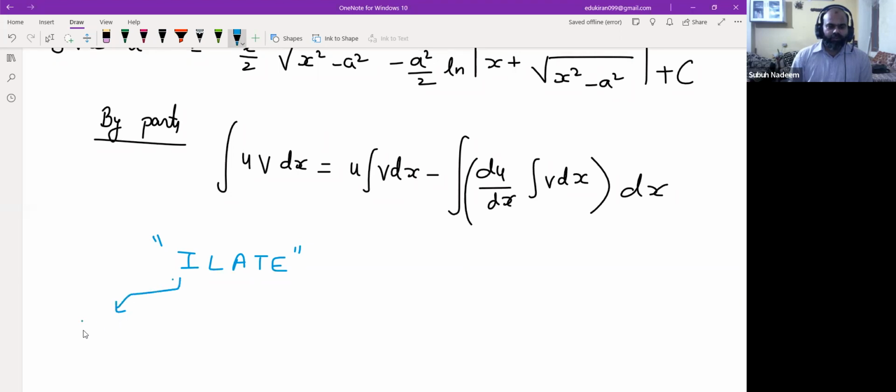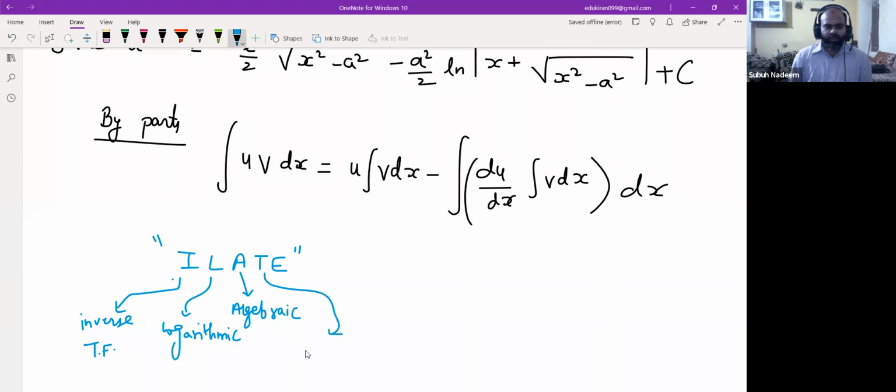So what they stand for: I stands for inverse trigonometric function, L stands for logarithmic function, A stands for algebraic function, T stands for trigonometric function, X stands for exponential function.